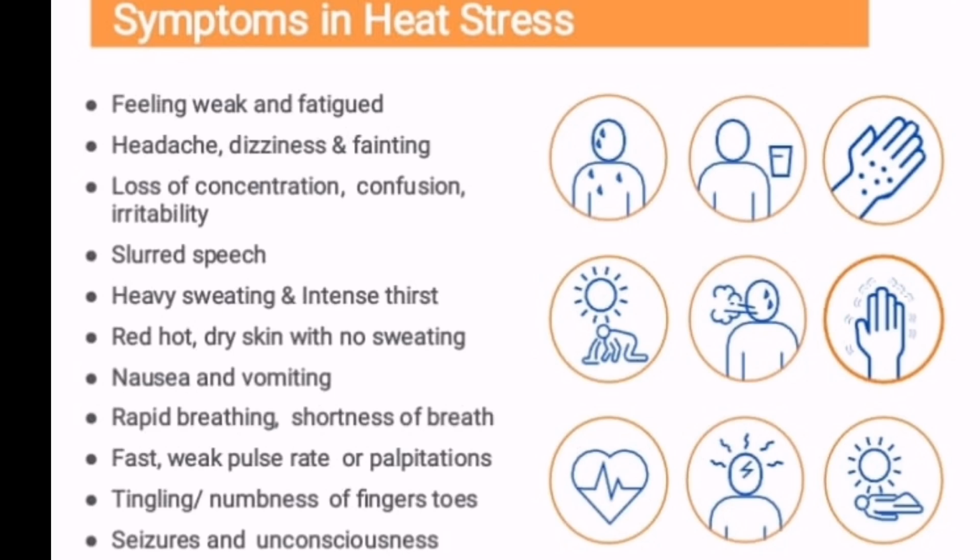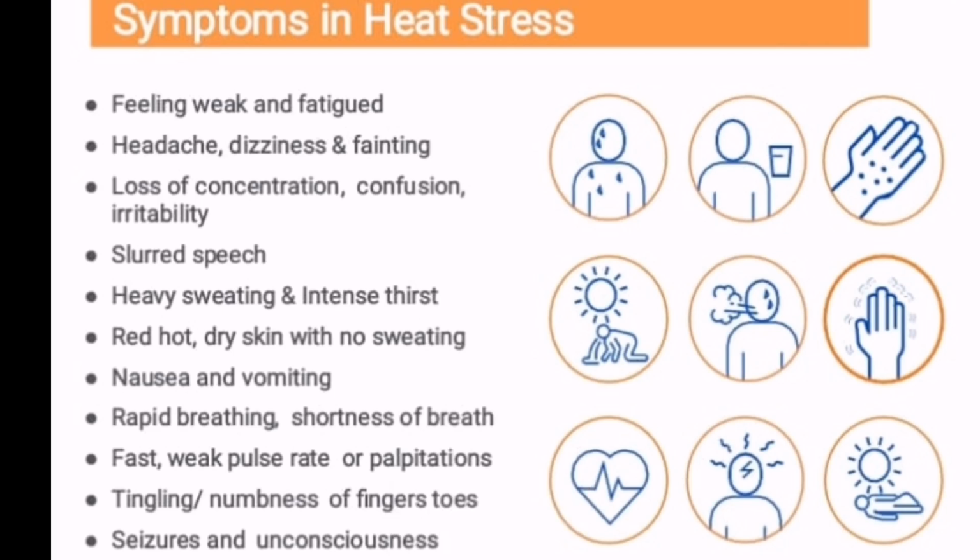Then heavy sweating. If your body is sweating too much, it means the fluid, the water level inside your body, is getting too low. So it's one of the symptoms that your body might be exposed to heat stress. After that, red, hot, dry skin with no sweating. When all the fluid, all the water of your body is drained out, then your body cannot sprinkle more sweat on your body.